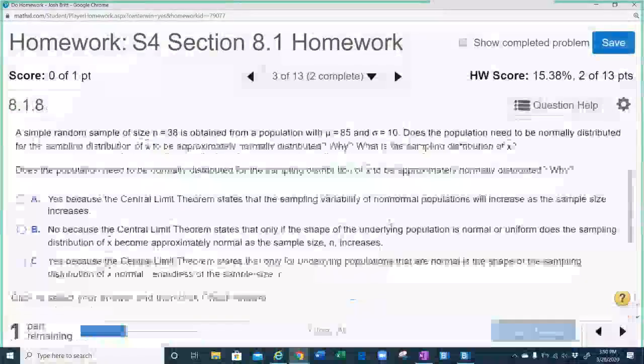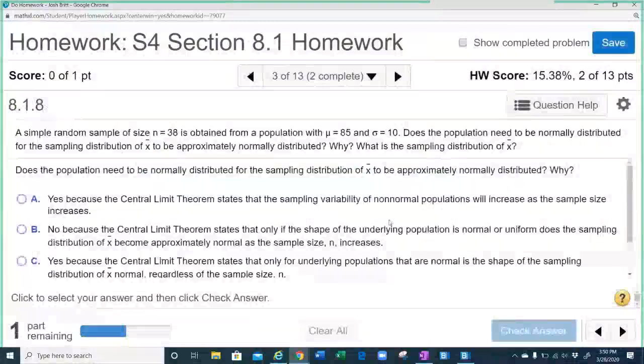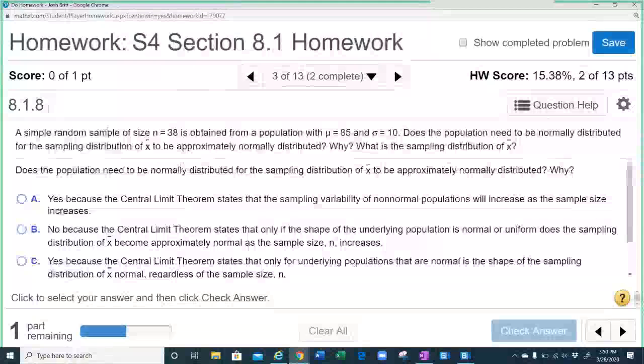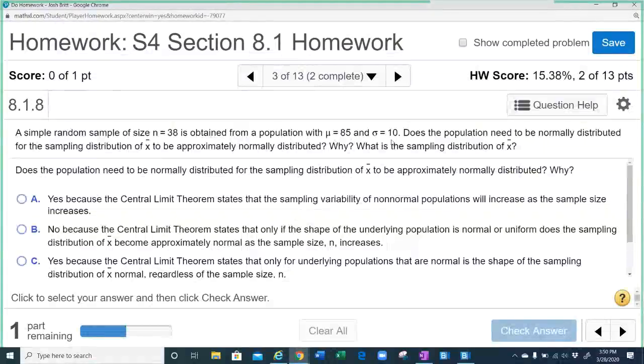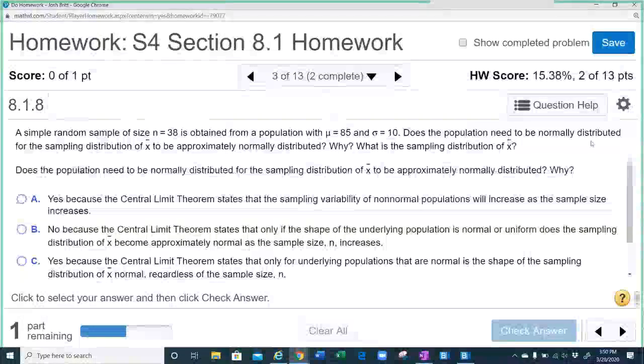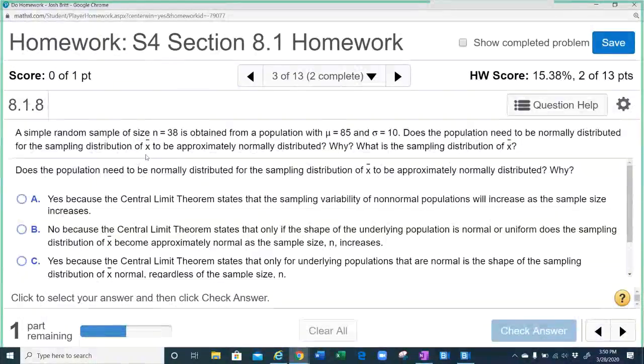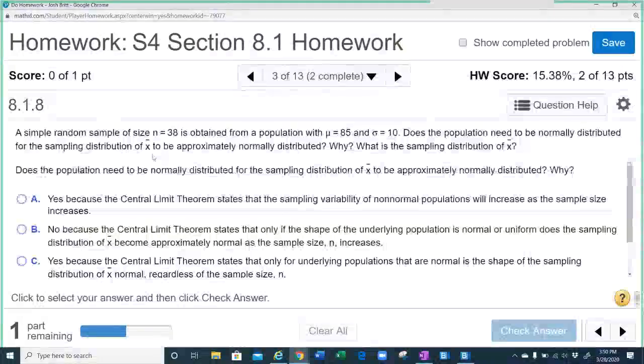So now we'll practice. Well, no, this question deals with the idea of the sampling distribution. So suppose a simple random sample of size n equals 38 is obtained from a population with mean of 85, standard deviation of 10. Does the population need to be normally distributed for the sampling distribution of x bar to be approximately normal?